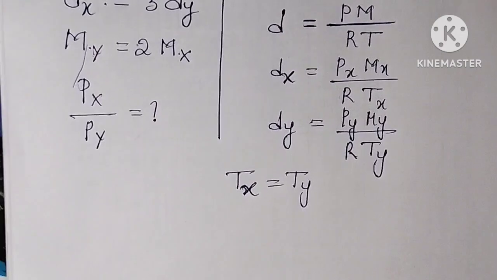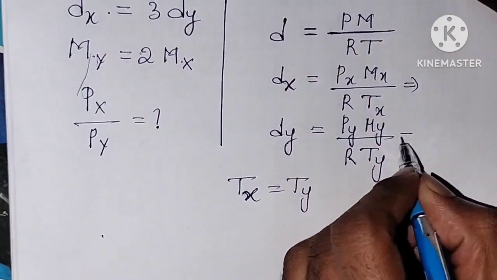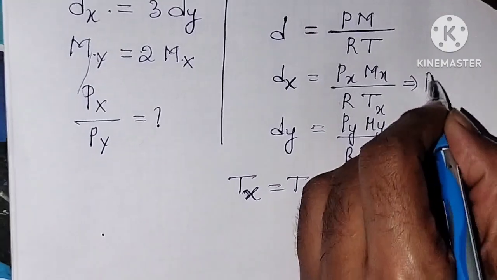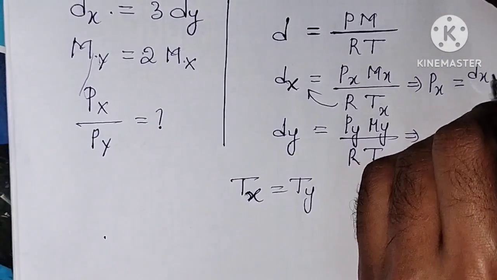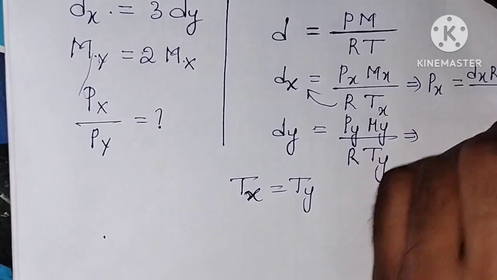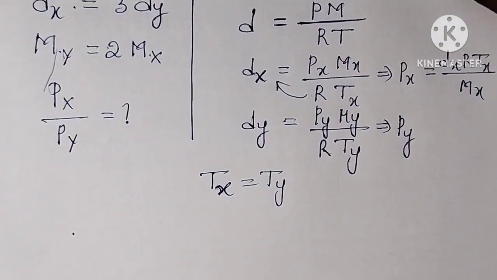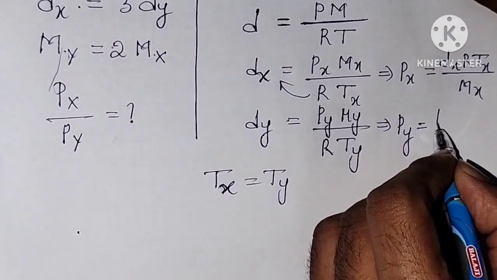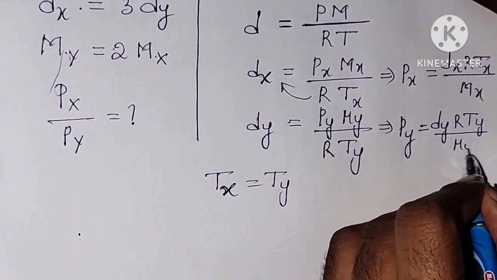Now let us find the ratio. Before that, px can be written as dx R tx by mx, and py is equal to dy R ty by my.